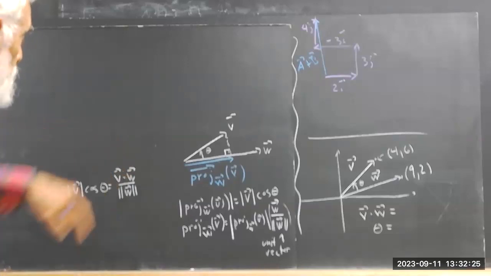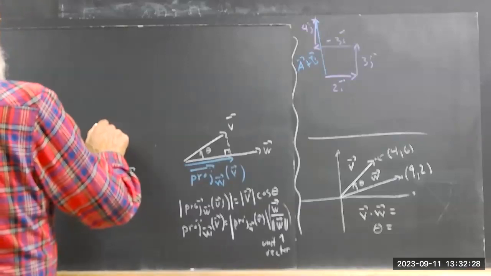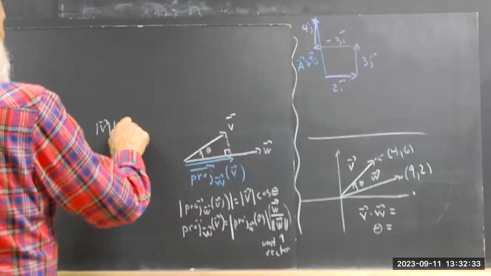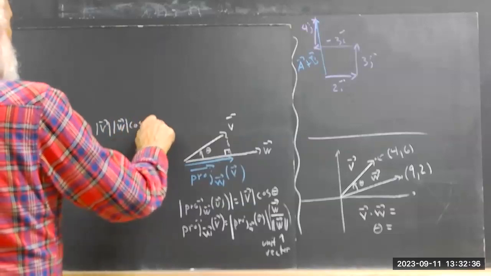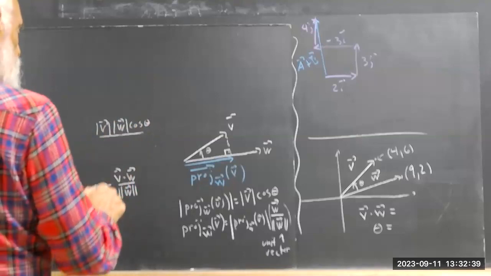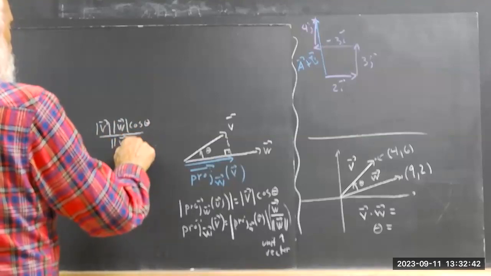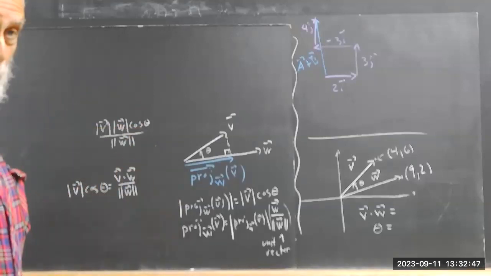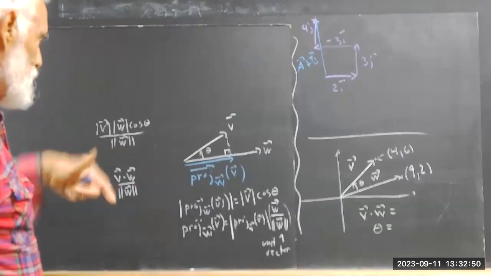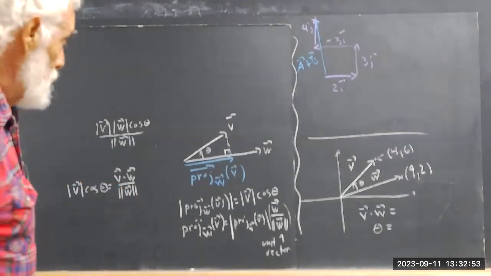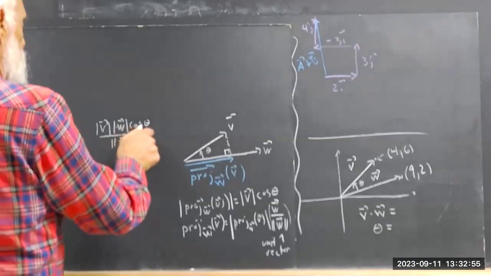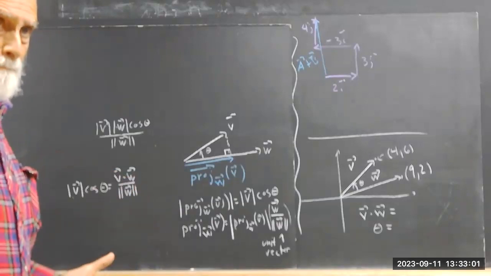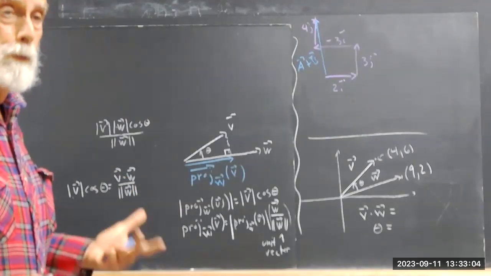Because V dot W is the magnitude of V magnitude of W cosine theta. You divide by the magnitude of W. And sometimes I'm using the double absolute value sign, sometimes the single, they mean the same thing. When I do this, I just kind of like to emphasize it's a magnitude. I think everybody understands that. And the magnitude of W divides out, and you get magnitude of V cosine theta. So this is completely obvious if you think about it a few times.